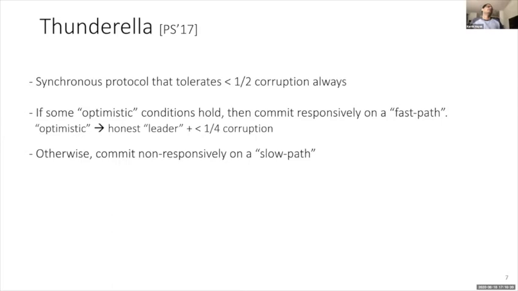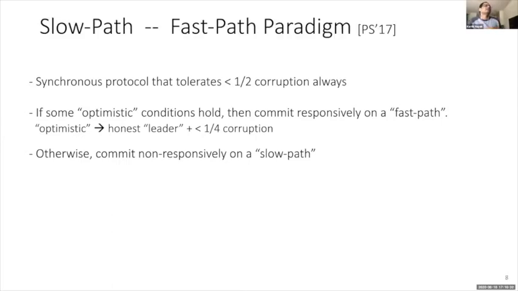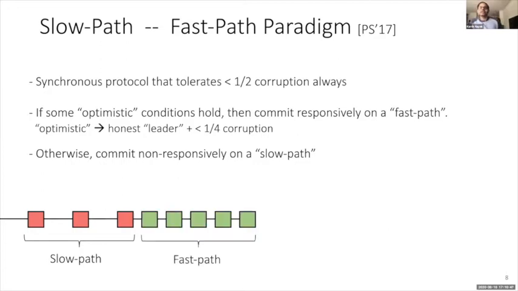In fact, what they presented is what I will call a slow path, fast path paradigm, where all replicas start on a slow path and keep committing slowly. If the replicas believe that some good conditions hold, they will switch to a fast path where they start committing responsively.